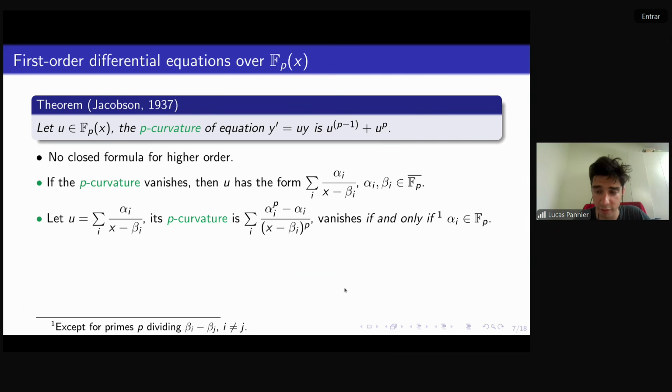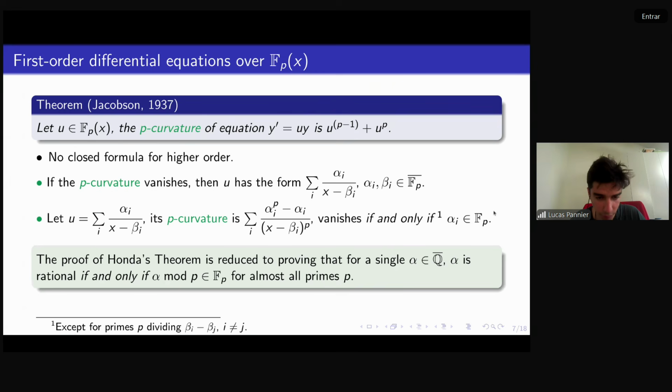So now we have seen that in characteristic 0, the solution was algebraic if and only if the residues were rational numbers. And here in positive characteristic, the condition is that the residues should be in Fp.